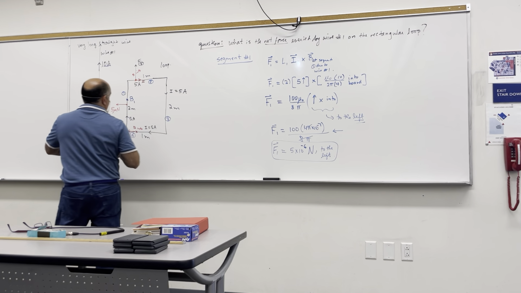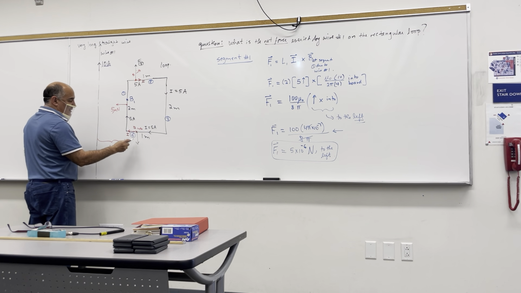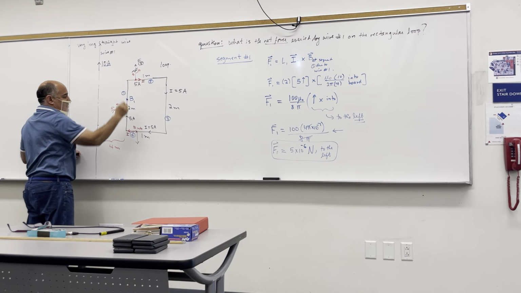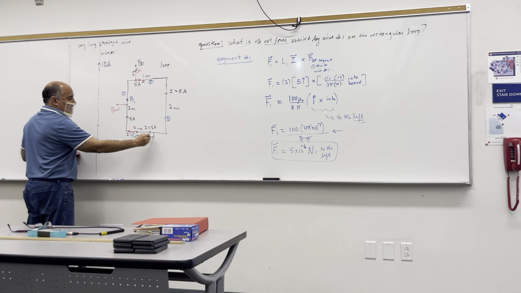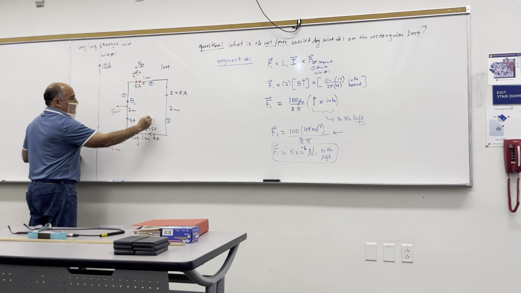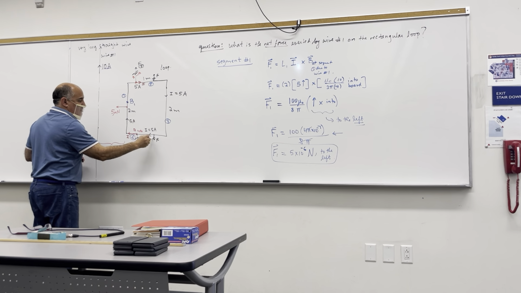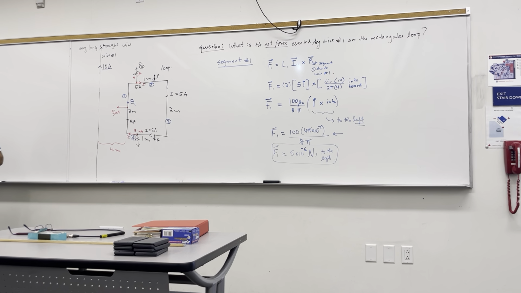So the force on this segment is going to be down. So if I consider the same distance from here to here as from here to here, this will cancel this. If I consider another segment over here, the force is going to be smaller, but if I go over there, it's going to be smaller also, but it's the same distance, so this is going to cancel this. So the forces on segments 2 and 4 cancel out completely. Do you see that? Yes.